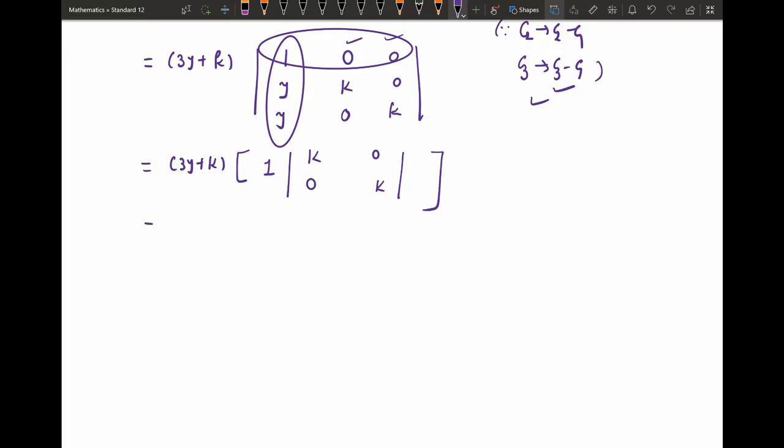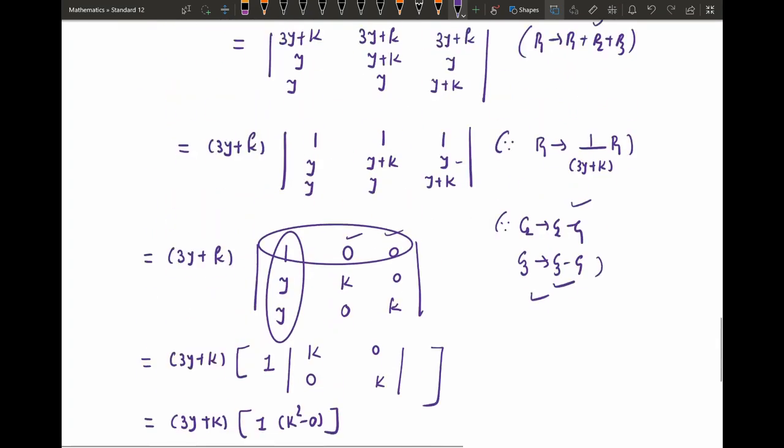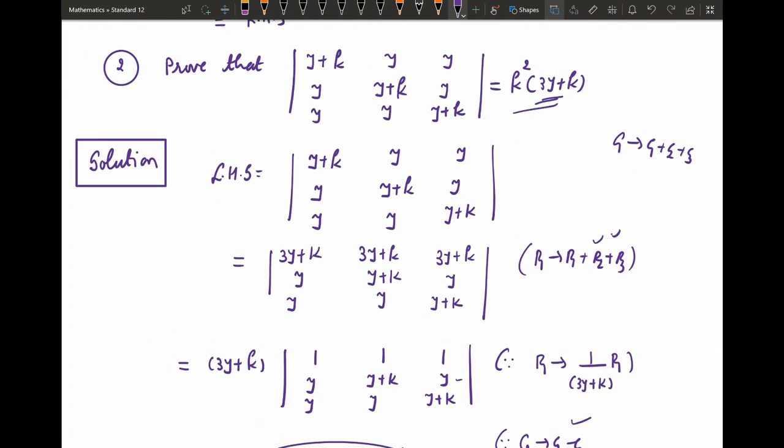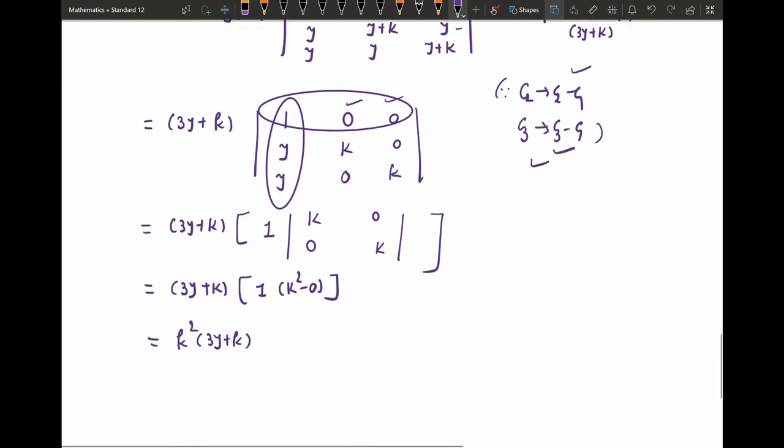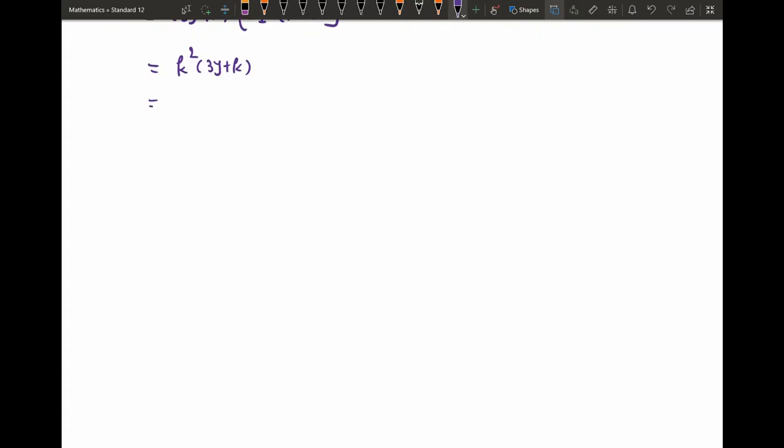So now the expansion is 3y plus k, 1 into k square minus 0. So final simplification is k square into 3y plus k. You can observe it is our right hand side. So that is RHS equal to.